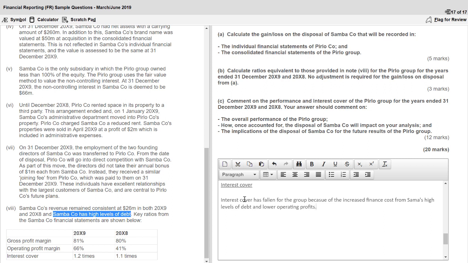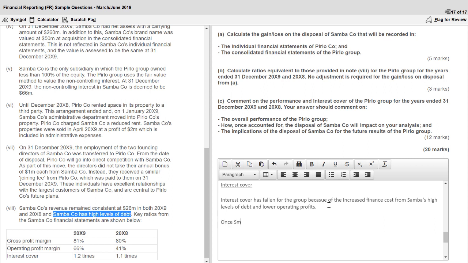Remember, if you can, you're thinking about the because, and the because then starts you thinking about why. So the reasons why are your higher finance costs and also the lower operating profit, so it is going to fall.